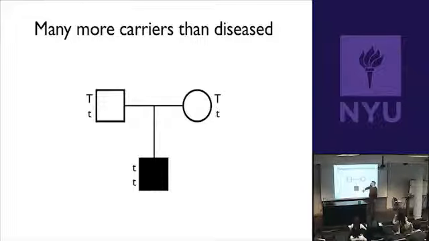The father is a carrier, so 1 good copy of the disease gene, 1 bad copy. Let's say this is Tay-Sachs disease, so good copy, bad copy, good copy, bad copy, and then the offspring might get the 2 bad copies. Given what these parents are, what's the probability that another child from these parents is going to have Tay-Sachs disease?